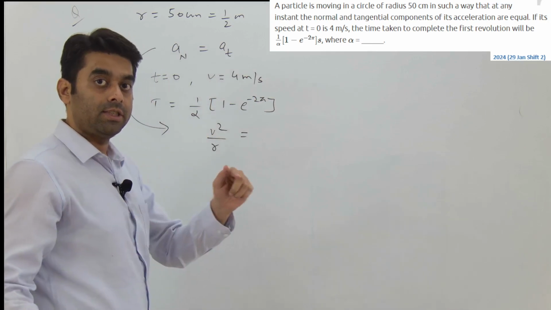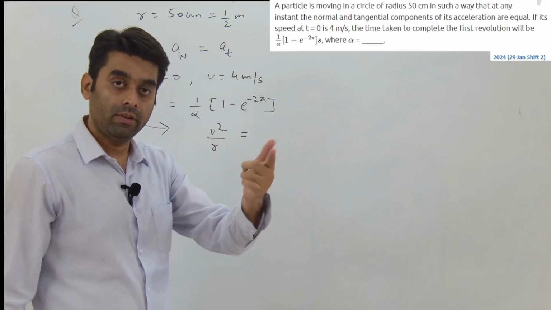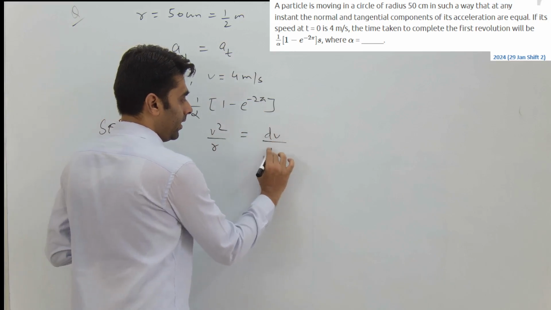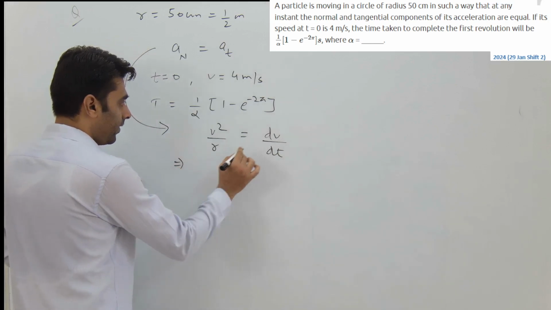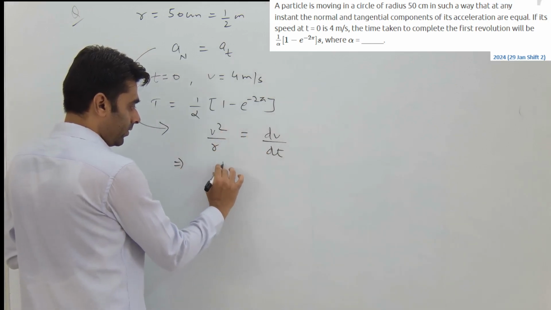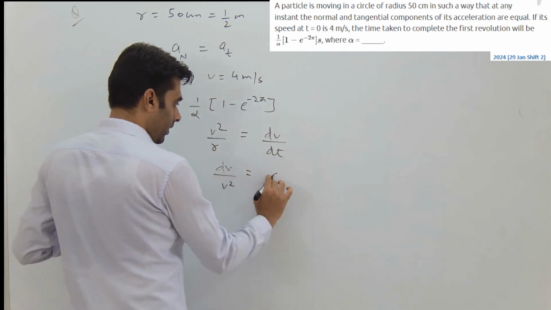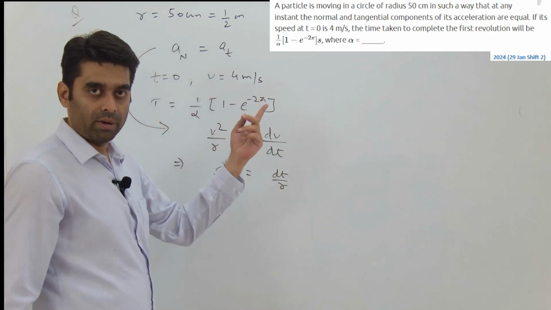Tangential acceleration is the rate of change of speed, not the rate of change of velocity, which I'll write as dv by dt. If I rearrange this, dv by v square is equal to dt by r, where r is 1 by 2.